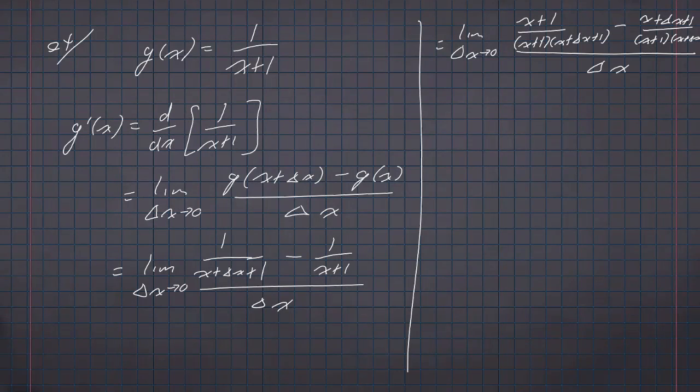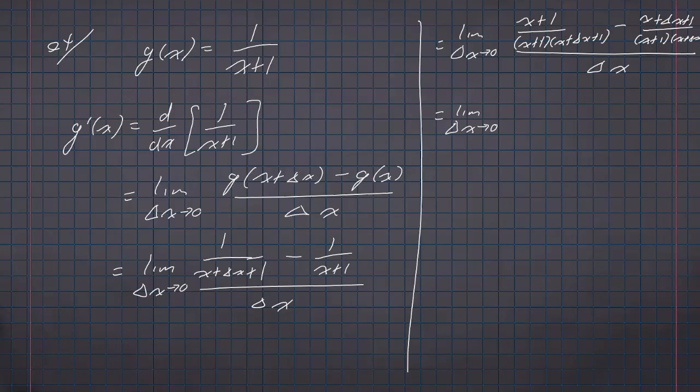And now that we have common denominators, we can add across the numerator in our fractions in the numerator of the big fraction. We're taking the limit as delta x goes to 0. Well, we have x minus x, which is 0. We have 1 minus 1, which is 0.